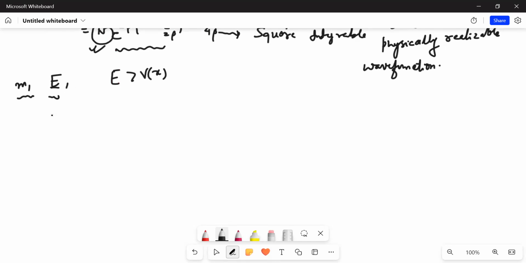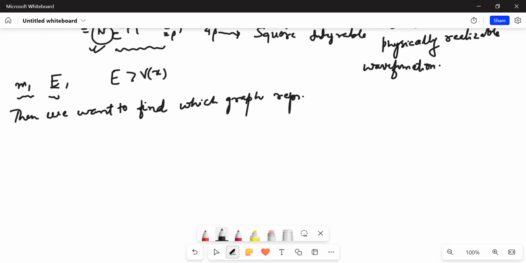Then we want to find which graph represents a bound state wave function.